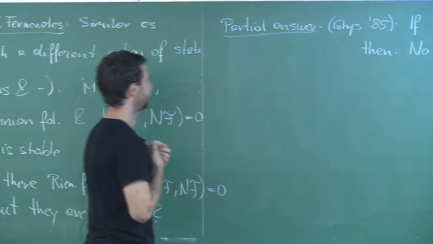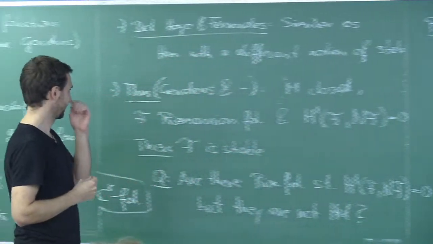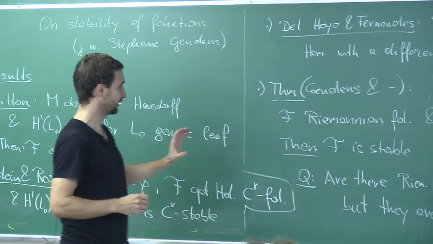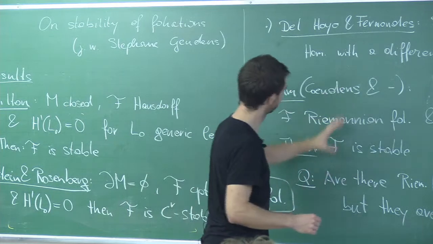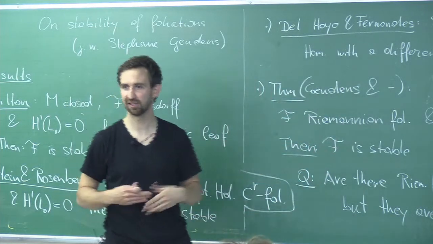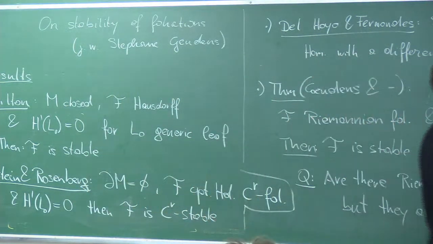Okay, so that's one part. Then I want to remark that there are stable foliations which do not fit into this framework. There is definitely stuff which our theorem does not cover.